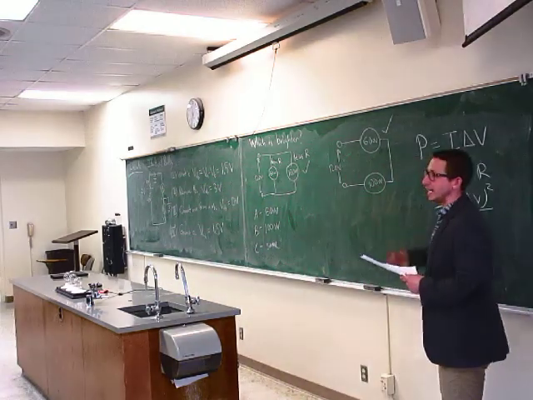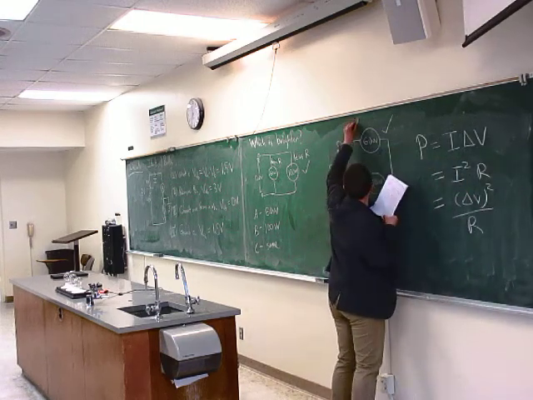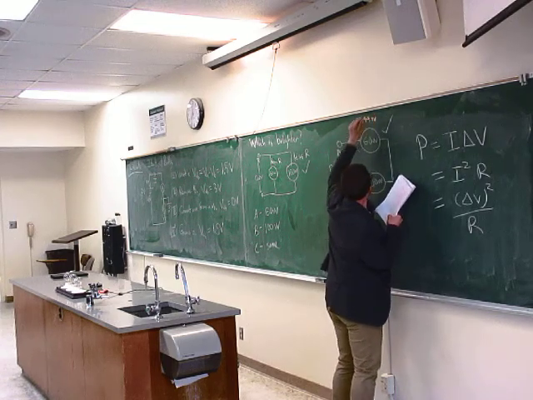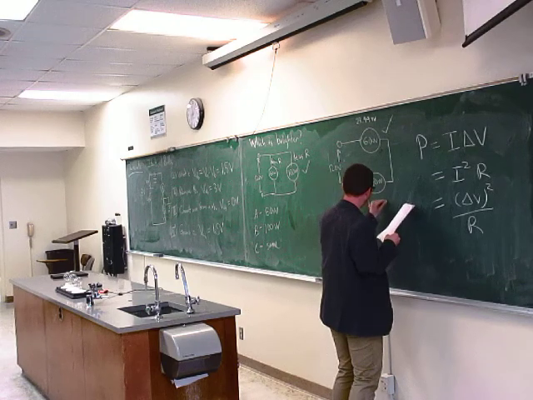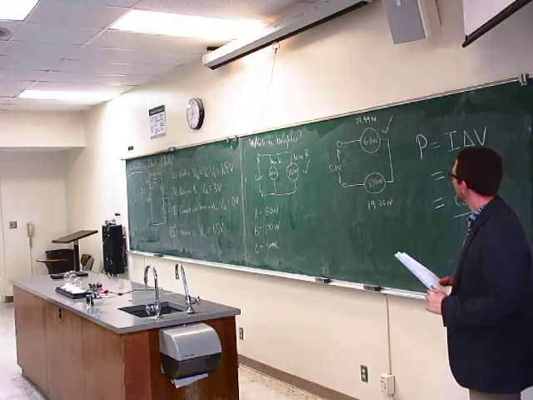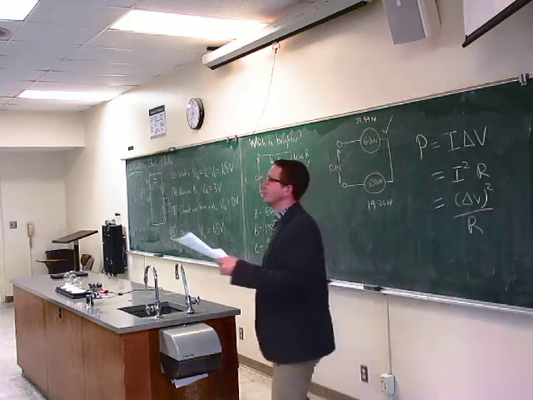If I connect it in series, if you do the calculation, it actually dissipates 23.44 watts, and then this one, 14.06 watts. It's actually less. Okay, so I'll refer you to the notes for the calculation for that.